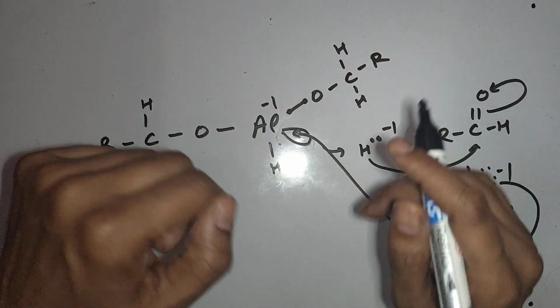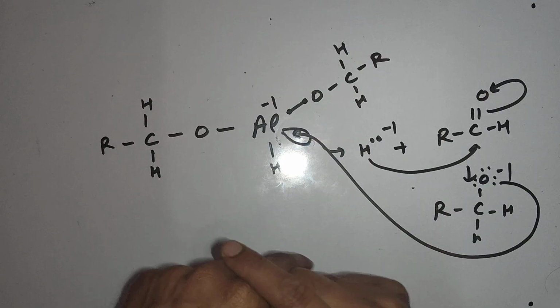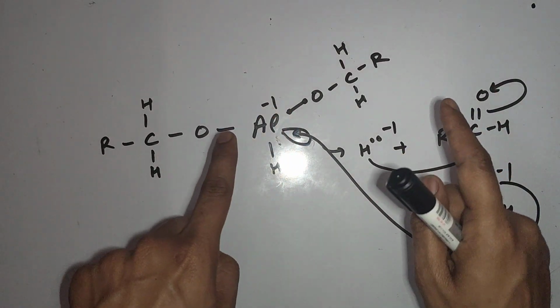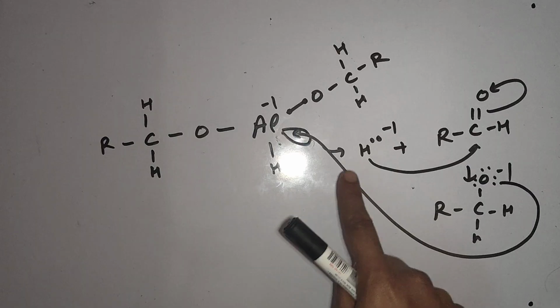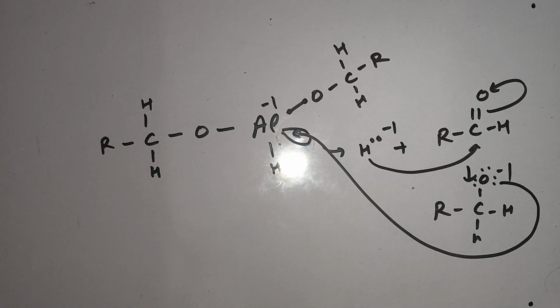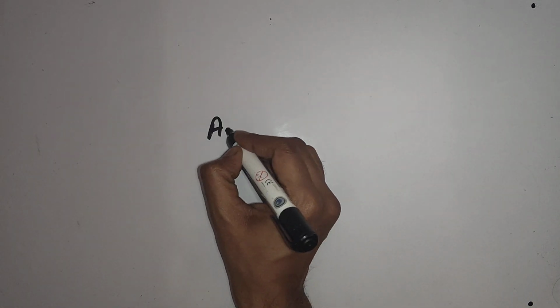In this fashion, don't you think 4 oxygens can join? Yes, 4 oxygens will join there. Try by yourself. Up to 2 I have drawn. Third and fourth, try by yourself. And then after addition of 4 oxygens on aluminium, our aluminium will be in this condition.